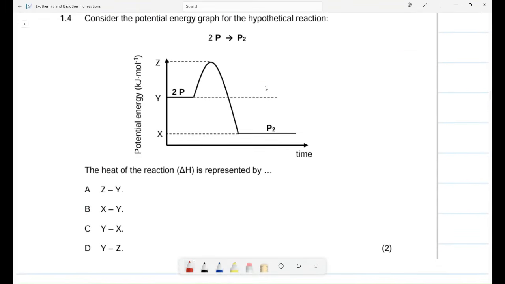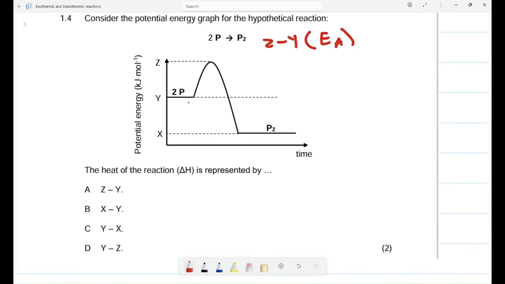Consider the potential energy graph for the hypothetical reaction. Can we see this is the energy of our reactants, and this is the high energy of the activated complex. So if we say from here to here, Z minus Y, it is what? EA.